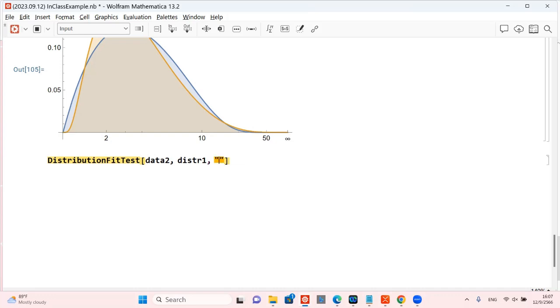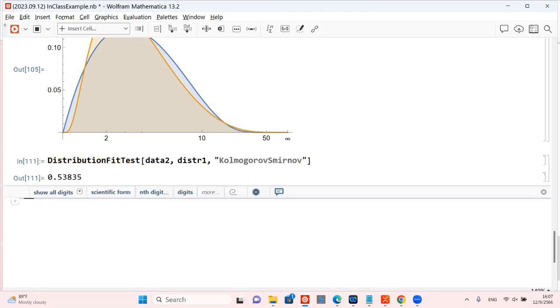You may not know what it means, but I write the word Kolmogorov-Smirnov. It is an invention by obviously two people, one named Kolmogorov, one named Smirnov. It's a technique for testing whether or not the claimed distribution and the data fit well.